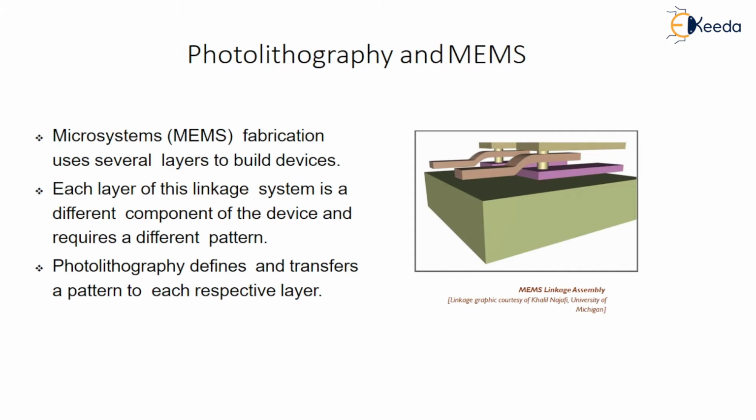So photolithography and MEMS. Microsystems, that is electromechanical systems fabrication, uses several layers to build devices, and each layer of the linkage system is a different component of the device, and it requires a different pattern.